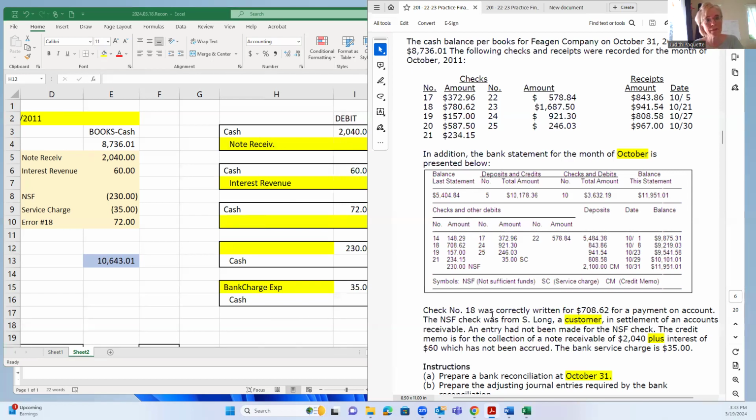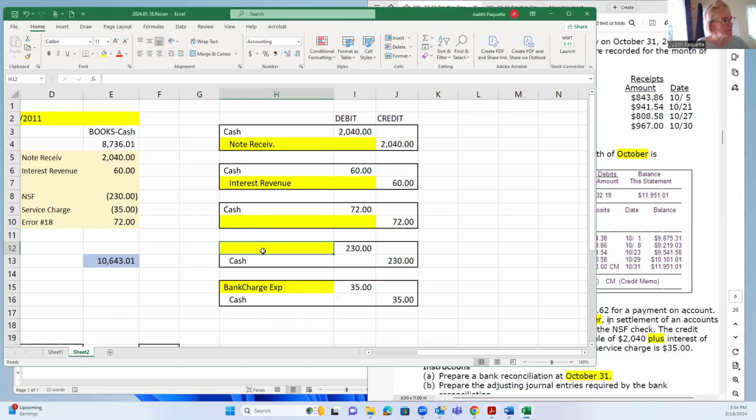And at that point, the other bank, the customer's bank, says, we don't have enough money in that customer's account. And so everything gets reversed, and we call that a bounce check because it goes to the bank, but it's bounced back. And then the bank says to the company, we won't deposit this check because the customer didn't have enough money. So everything gets reversed. So that 230 goes back on accounts receivable.